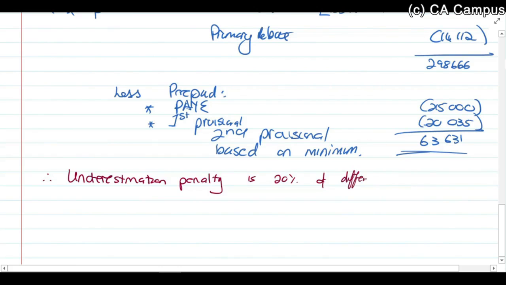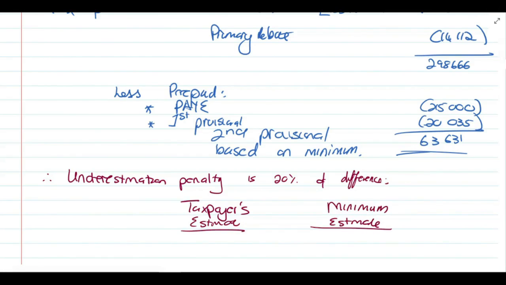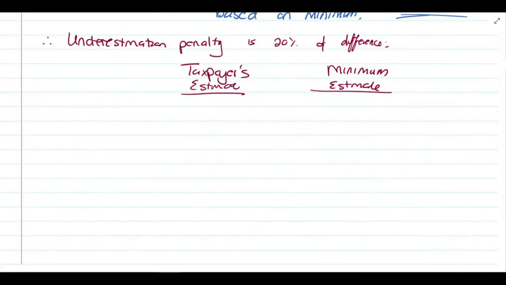So let's do it like this: taxpayer's estimate, minimum estimate. And guys, you'll see I'm just expressing it a little bit different from what your solution shows, just to show you the two different approaches, or in case you've studied it differently.